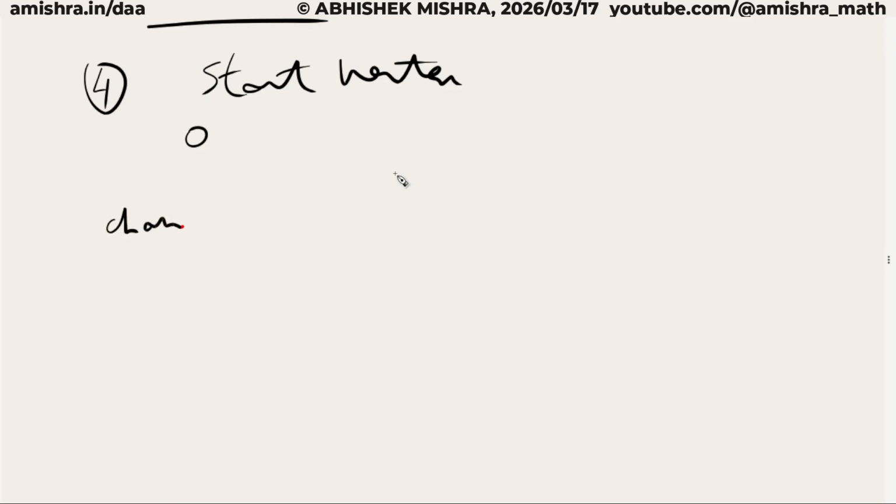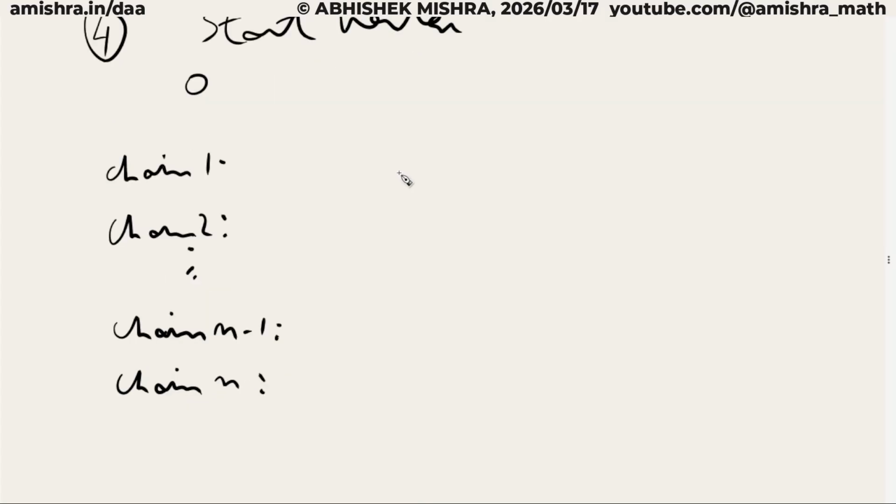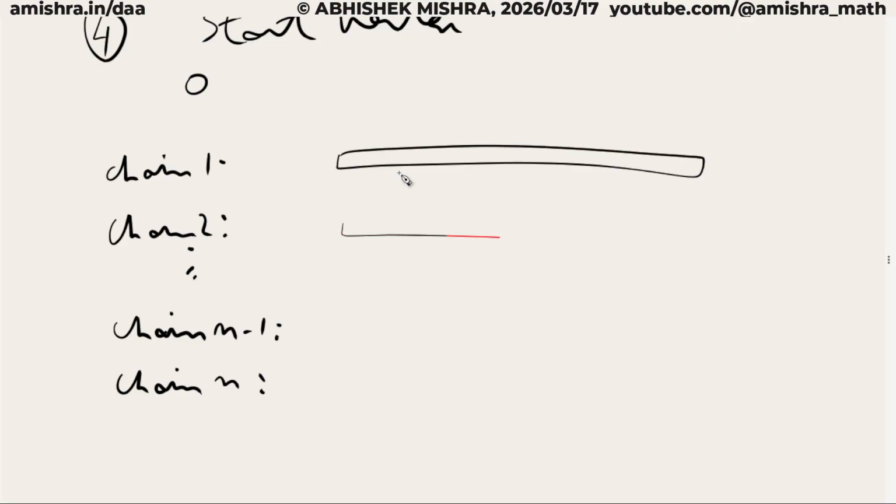So we have chain 1, chain 2, and so on, continue up to chain n minus 1, chain n. I will now show the complete diagram just for simplicity.